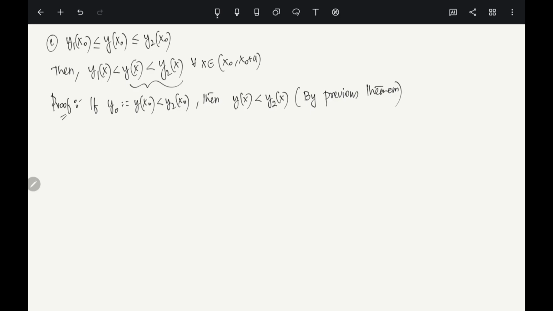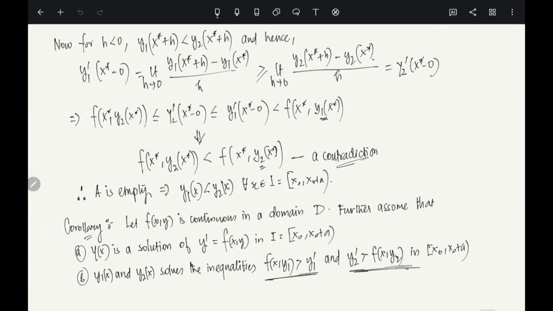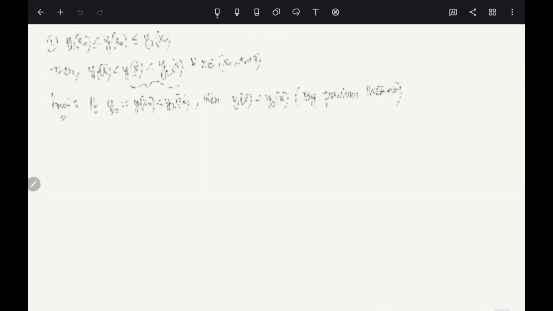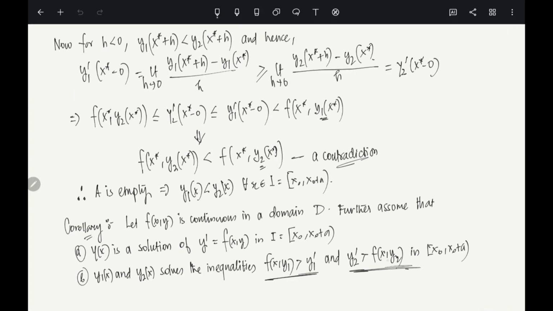Yes, so essentially you can see that the previous theorem, what does it say? It says that one strict inequality and one less than or equal to is fine, and if you are starting out with some difference, then the difference persists everywhere. Okay, strict difference. Here also you see both are strict inequalities, right? So that is satisfied.